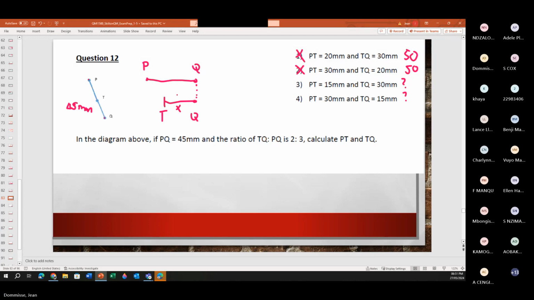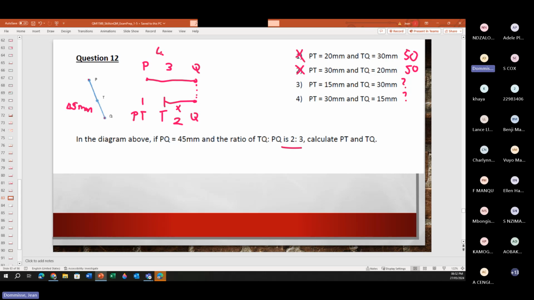Okay, so PQ, TQ. So if that is 2, that whole thing, what will be the PT?